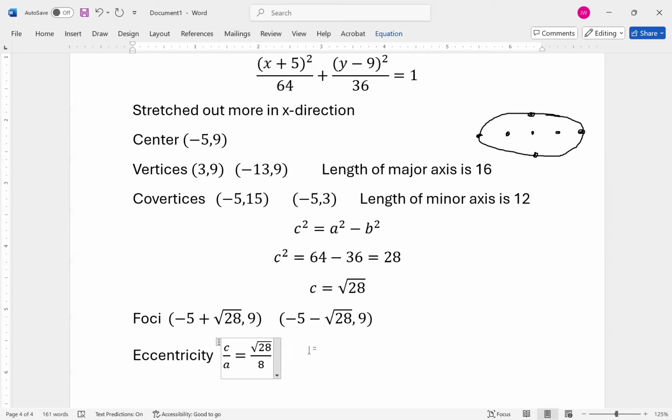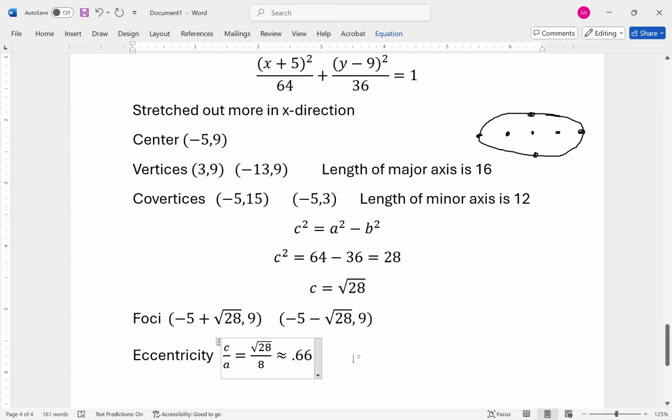I'm going to leave it like that, but I am going to, on this one, give a decimal version of that. Square root of 28 divided by 8 is about 0.66. Again, notice it's between 0 and 1, roughly about 0.66.